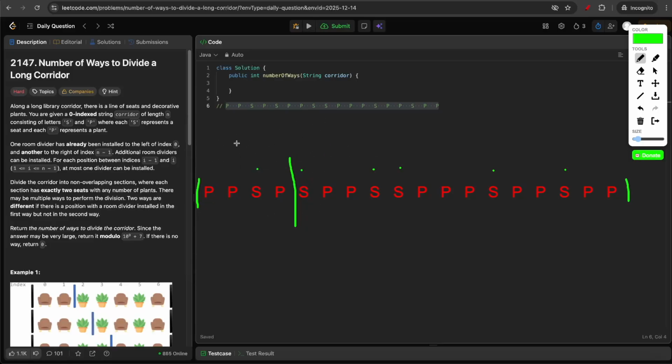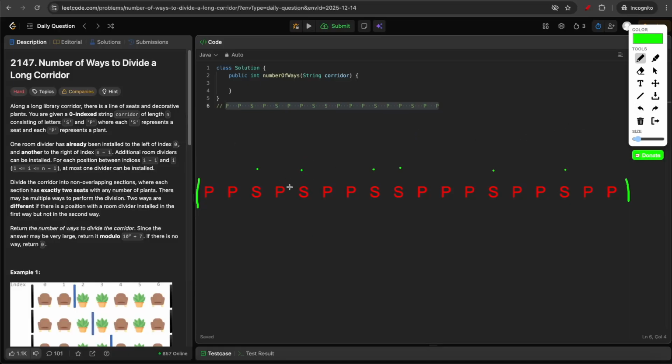In the first part, you will have one seat, and in the second part, you will have a total of 5 seats. Like we discussed before, if in a corridor we have an odd number of seats, then you can't divide this corridor further. So that means making a division at this point is not valid.